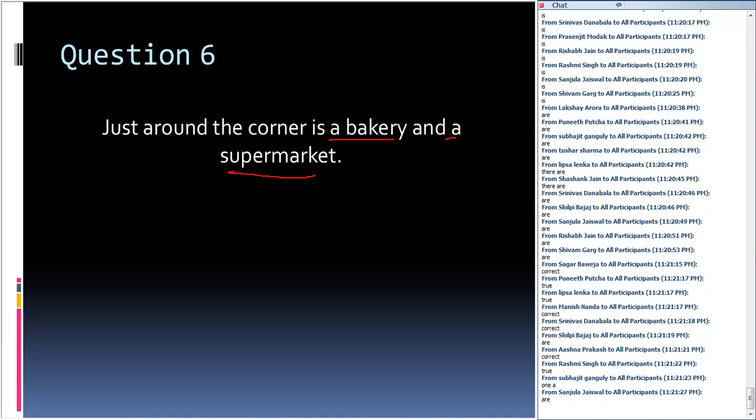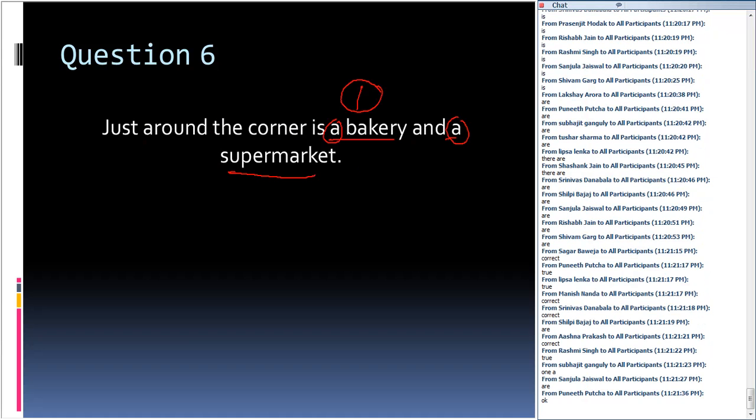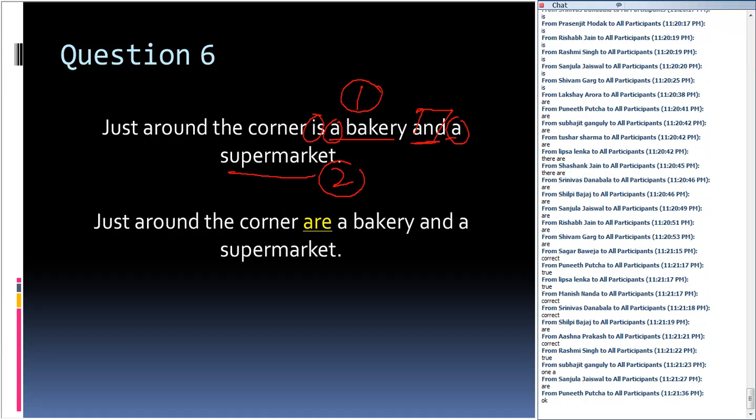Both have articles in front, which means these are two separate things, joined with the word and. So you cannot use is. You will have to use are. Just around the corner are a bakery and a supermarket.